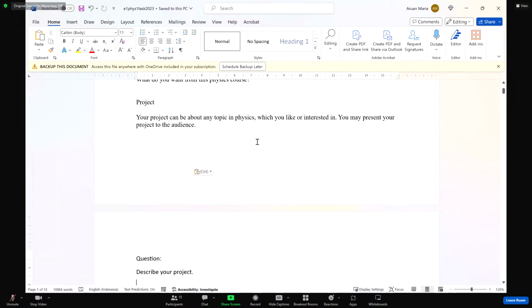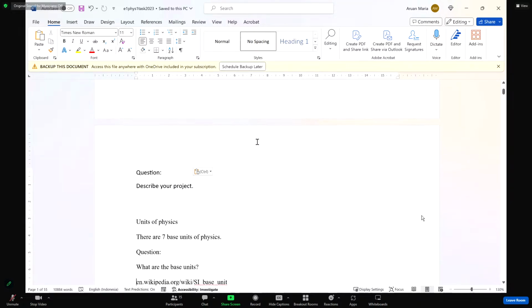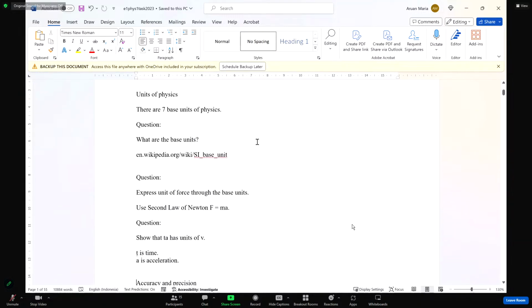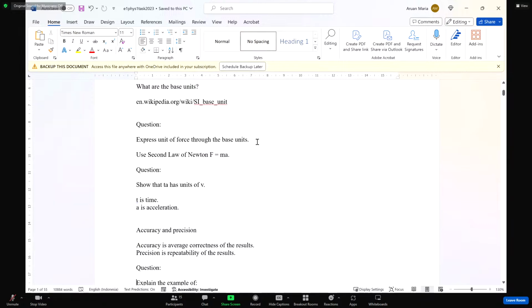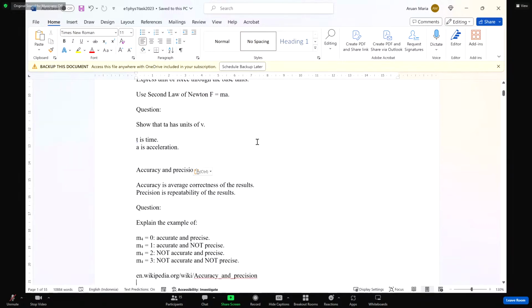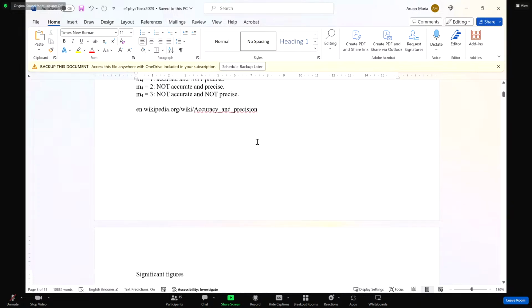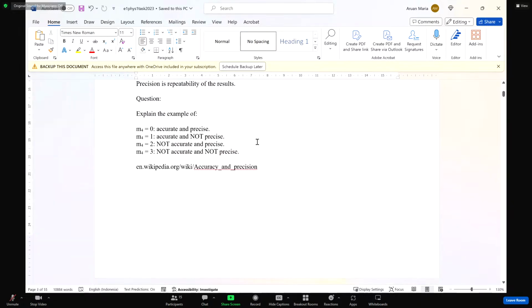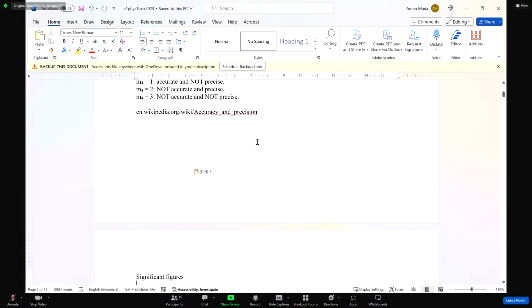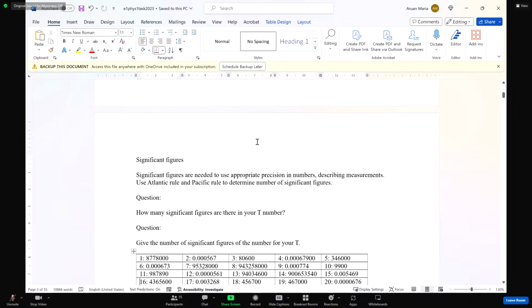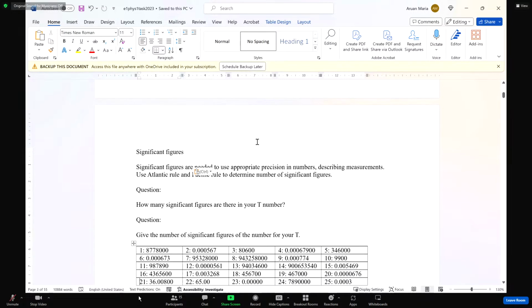About your project, and then units of physics, base units, 7 base units, expressing 1 unit through the other units, then accurate and precise. Please answer only for your student number. Please answer only one of these 4 questions, depending on your M4. M4 is the student number mod 4, okay? So significant figures using either Atlantic rule or Pacific rule.